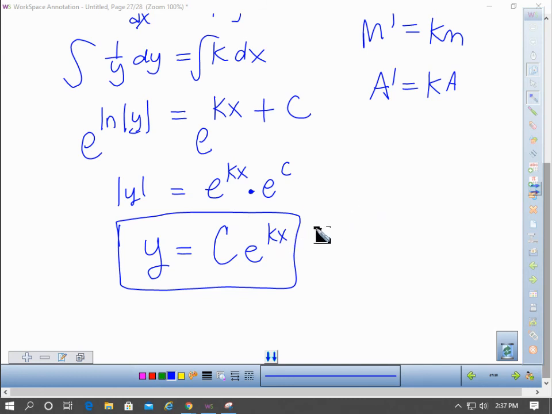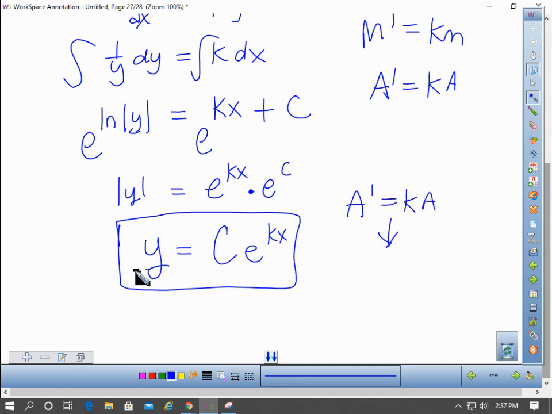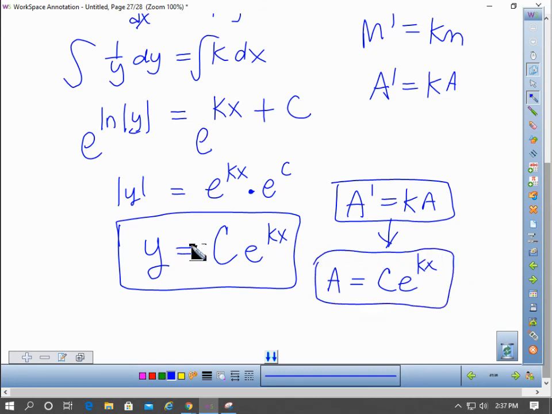So no matter what it starts with, if it starts with a prime equals k times a, then my solution is a equals c e to the kx. Every single time, the algebra that takes you from this equation always leads you to this equation here, which is the growth and decay model. Okay, that is the growth and decay.